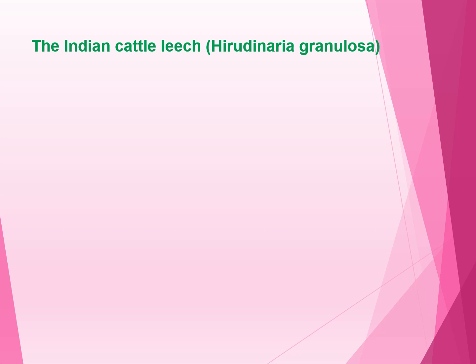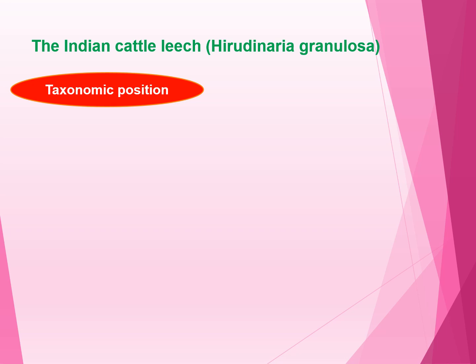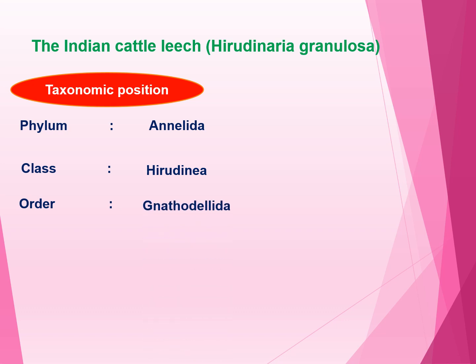Indian cattle leech. Scientific name Hirudinaria granulosa. The taxonomic position: Phylum Annelida, Class Hirudinea, Order Rhynchobdellida, Genus Hirudinaria, Species granulosa.